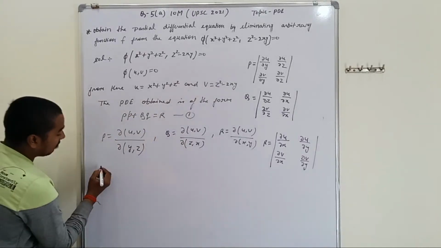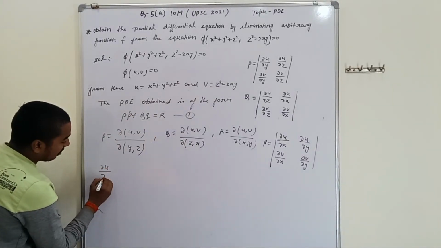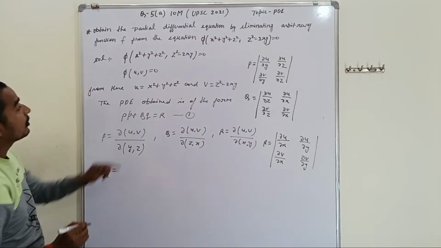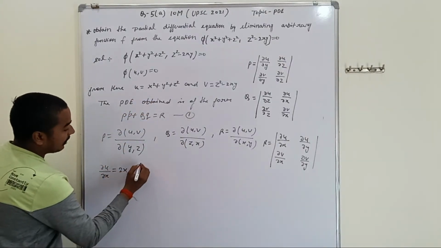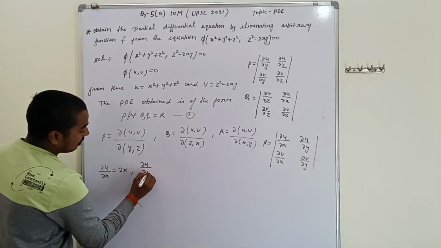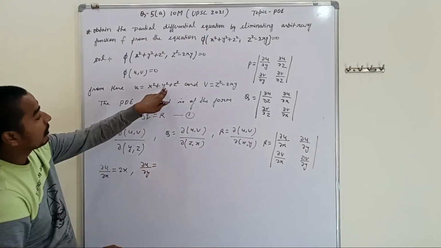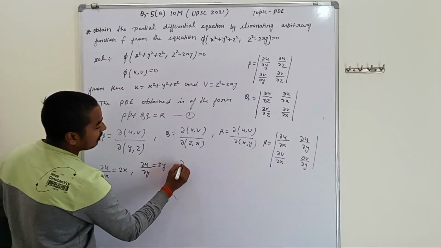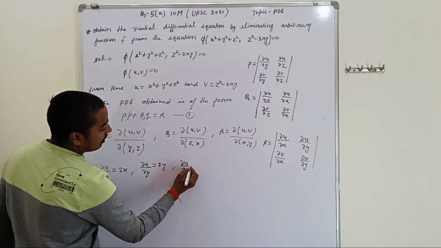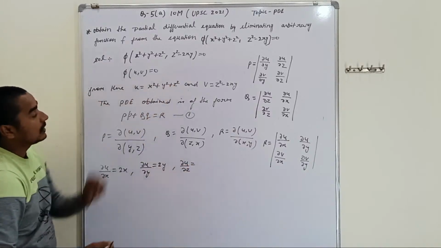We have to find first del u upon del x. Del u upon del x is 2x, del u upon del y is 2y, and del u upon del z is 2z.